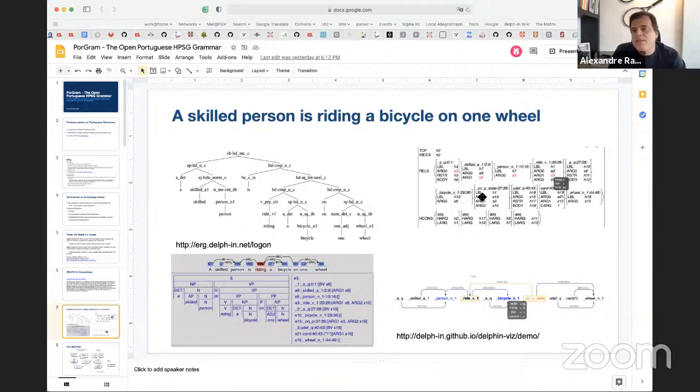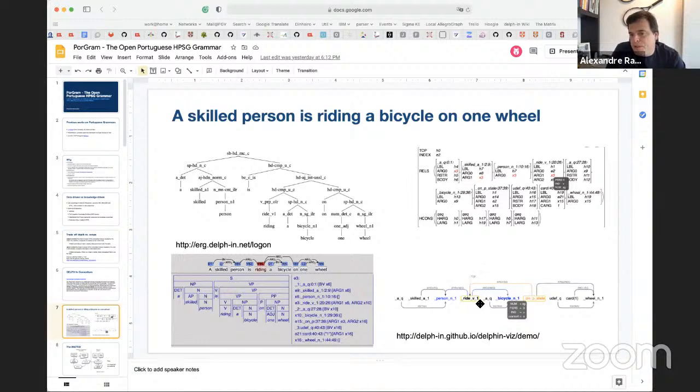From MRS, we can derive many other formalisms. For example, we have here a DMRS. The DMRS is a bilexical representation. So we have a more direct correspondence between the tokens and the predicates. We still have some predicates that are abstract, in the sense of not occurring in the surface form, like this one or this one.